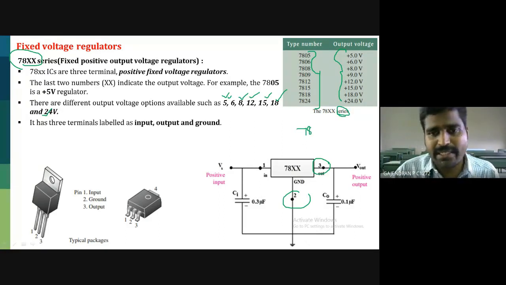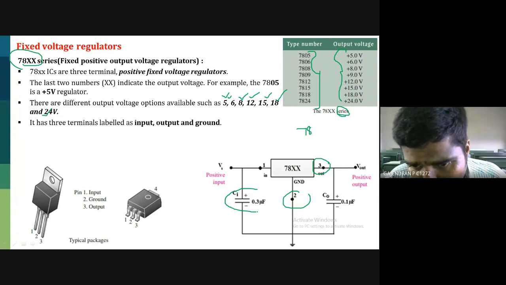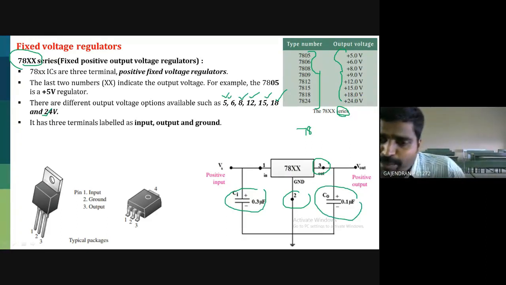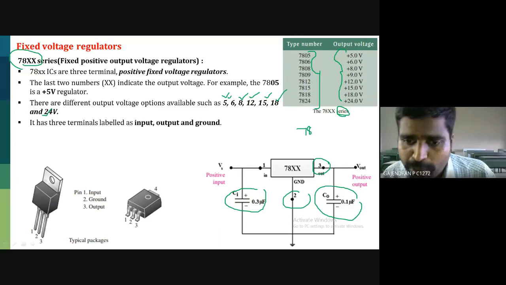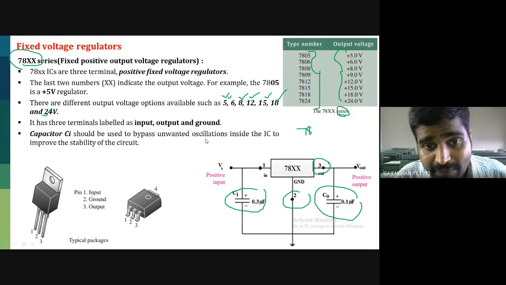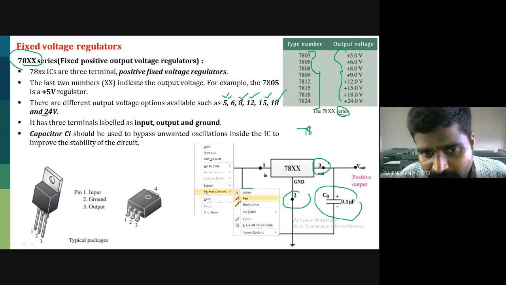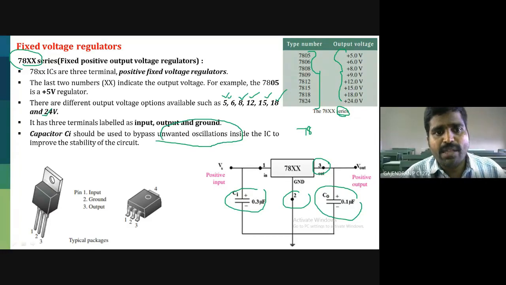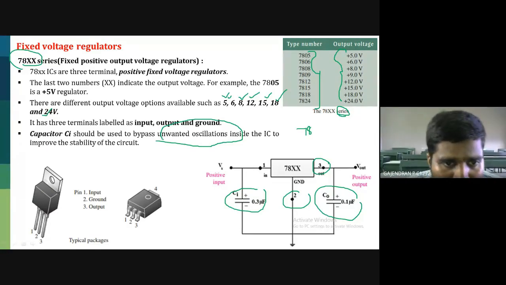Okay? Yes. Then you have two capacitors. What is the purpose of the capacitors? One is the input capacitor, one is the output capacitor. Note down, the input capacitor will bypass the unwanted oscillations present in this input circuit.